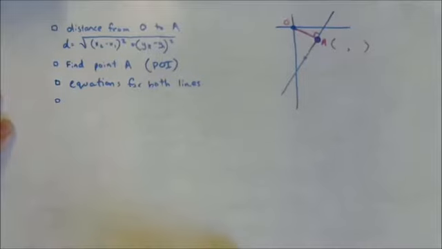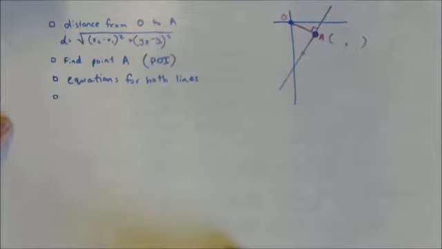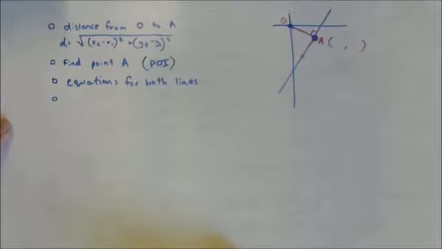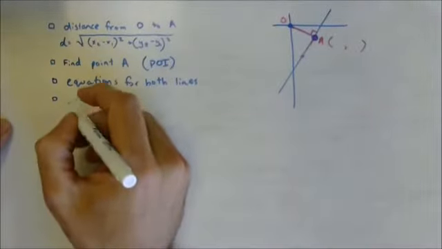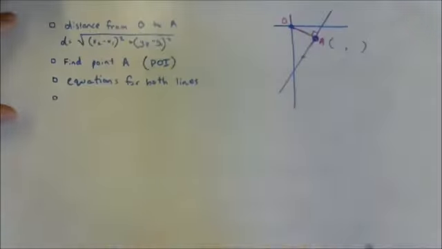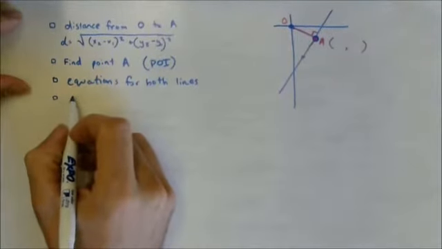Well, in order to develop an equation for either line, what do I need to know about those lines? What's one of the key characteristics of a line that we like to know in order to use that line or think about that line? Going through it piece by piece. Okay, we need equations for both lines, which means we need slope.